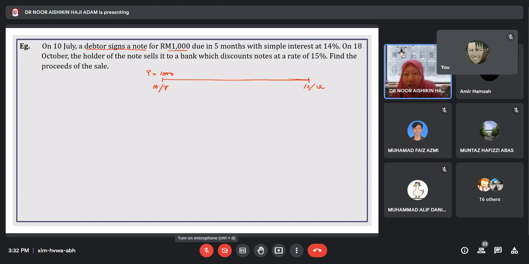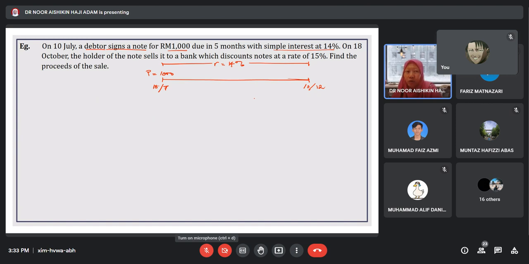Kan? 10th December. With simple interest at 14%. So your R, simple interest rate, is 14%, which goes throughout the term of note. Faham? That first sentence, faham tak?